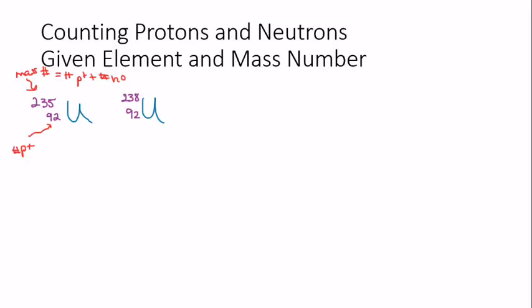So if I were to ask how many neutrons there are in these two isotopic forms, we get the number of neutrons by taking the mass number and subtracting the atomic number, because the mass number is protons plus neutrons, and the atomic number is just protons.